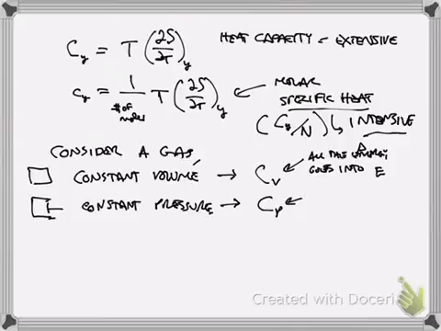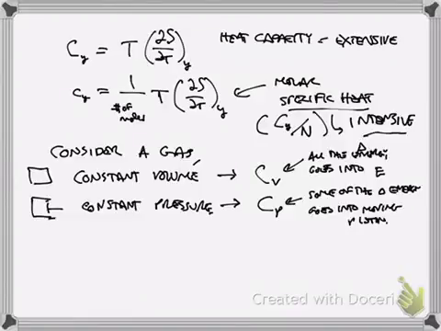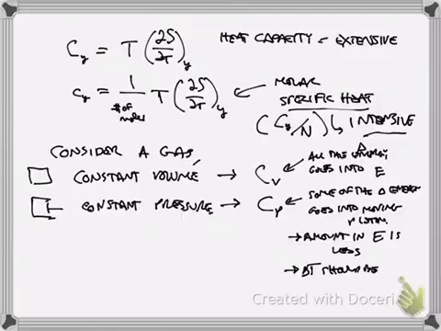But in this case, some of the energy goes into moving the piston, so it doesn't all end up in E. The amount that ends up in E is less, meaning the temperature rise should be less, because the energy is ending up in other places than inside the gas itself.